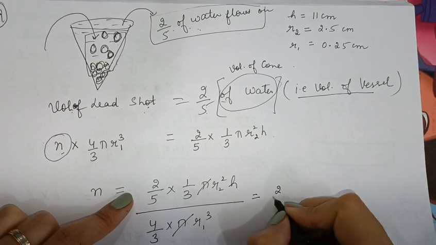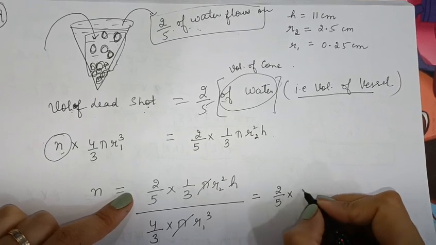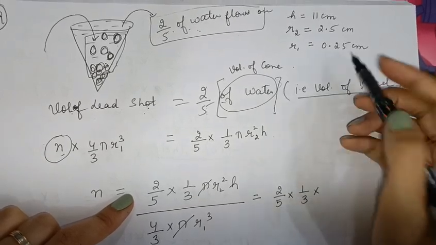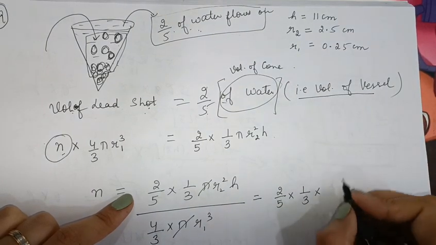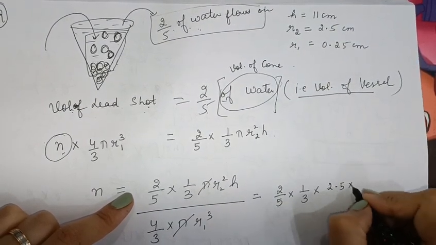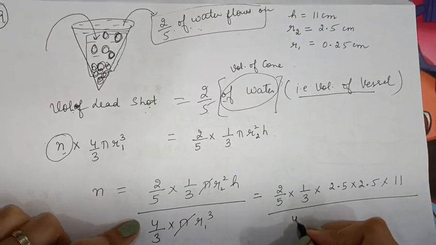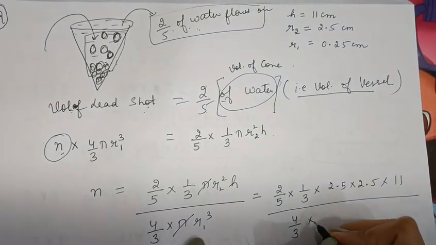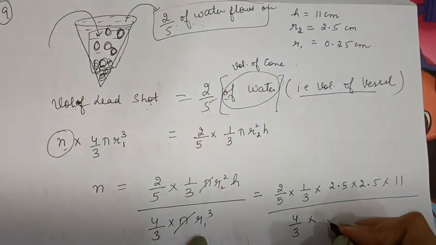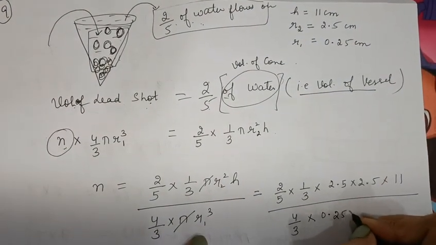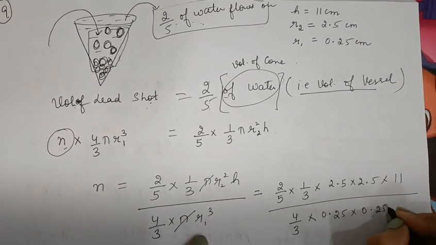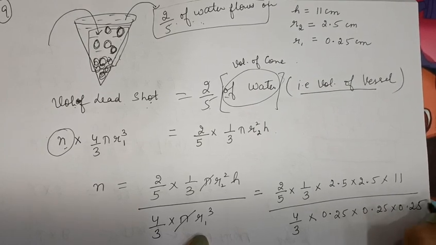Remaining things: 2/5 into 1/3 into r2, whose value is 2.5, so 2.5 into 2.5 into h, which is 11, divided by 4/3 into r1, whose value is 0.25, so 0.25 into 0.25 into 0.25.